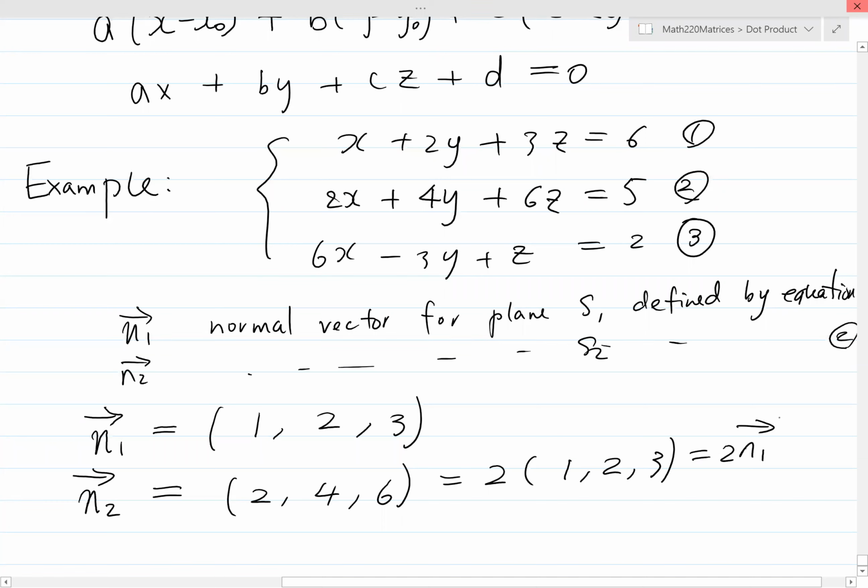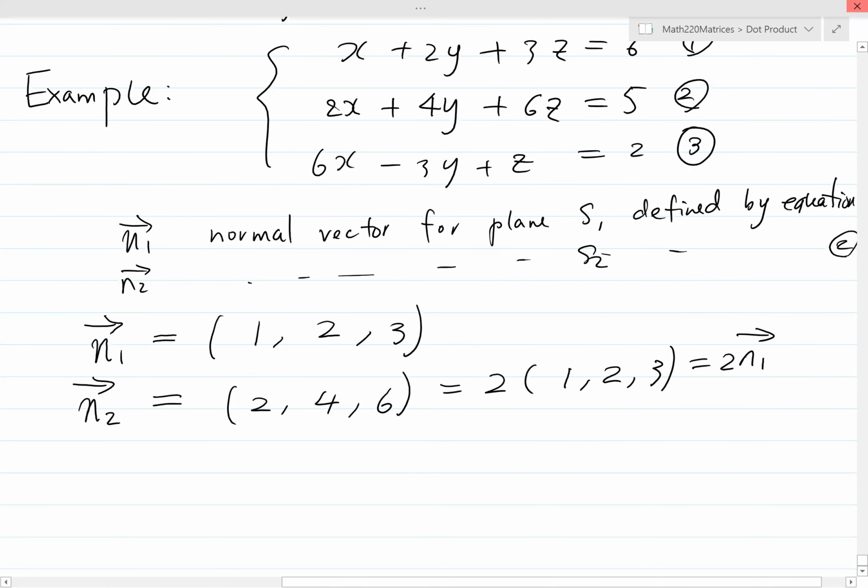You see, then vector N1 and vector N2 are parallel. So this means S1 is parallel to S2, which means S1 intersect S2 is empty.